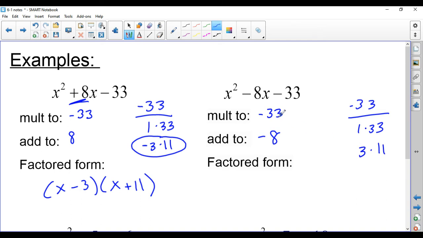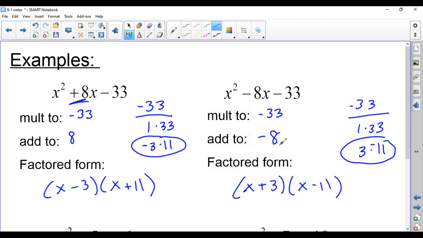I want them to multiply to negative 33, so one will be positive and the other will be negative, and they're going to add up to negative 8, which means I need to make the larger number negative. 3 minus 11 is negative 8. When I write my factored form, I have x plus 3 and x minus 11. The larger number, 11, has the same sign, it's subtracted, like the 8 was.